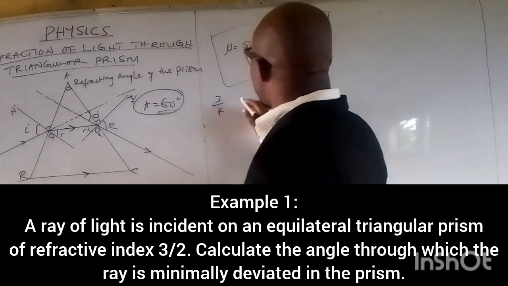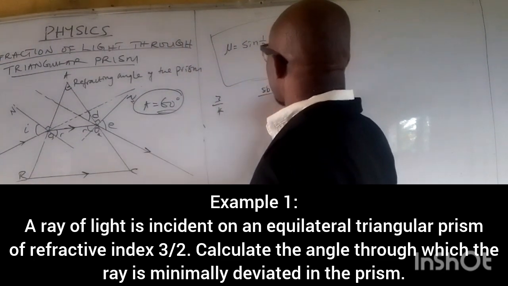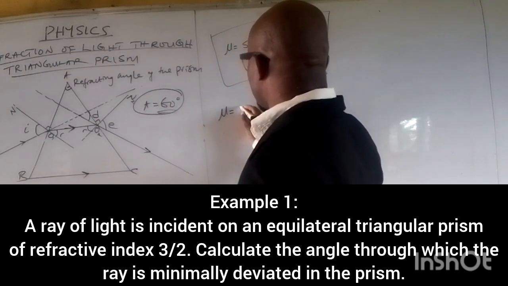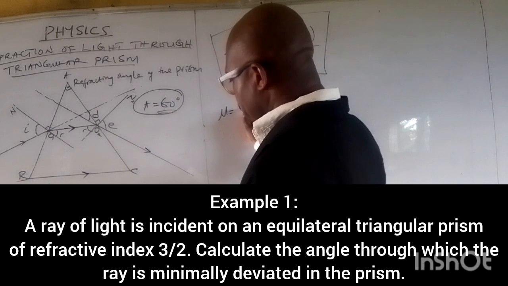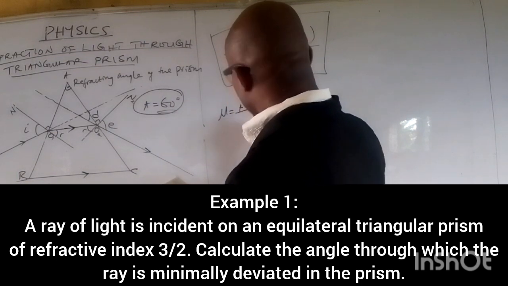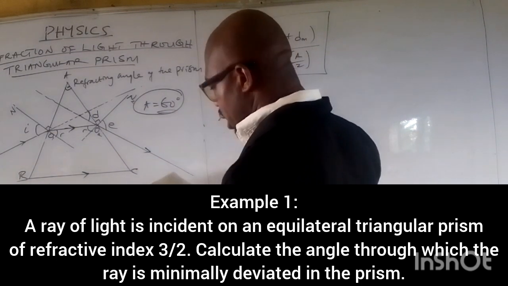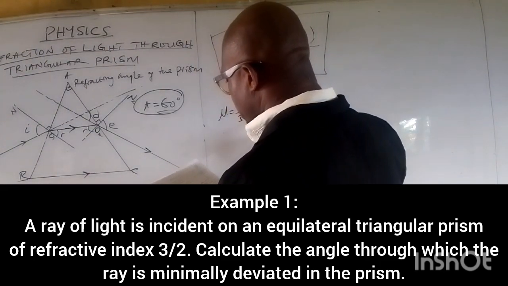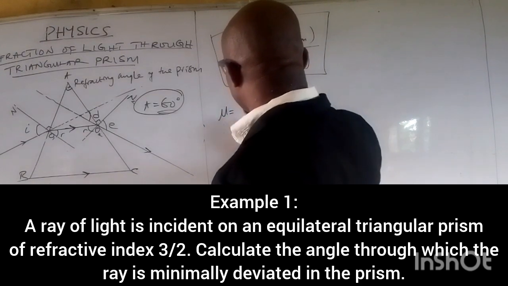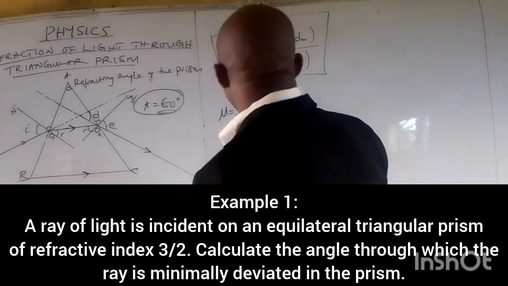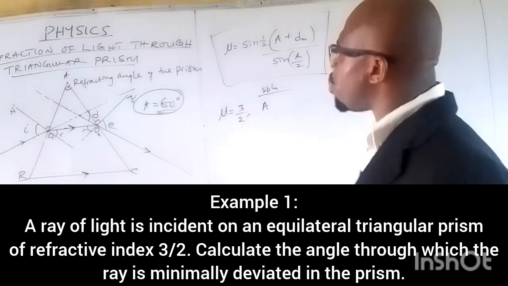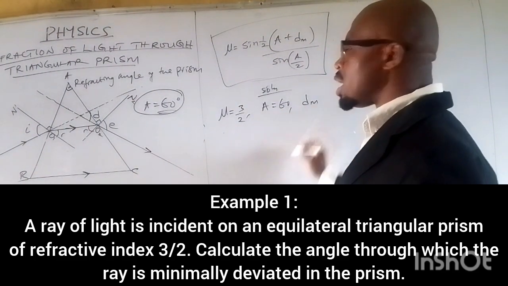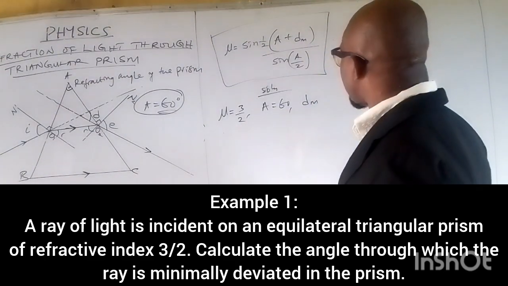So we now have the solution. The refractive index is 3 over 2. The refracting angle of the prism is 60 degrees. Now, D min is what we are looking for.